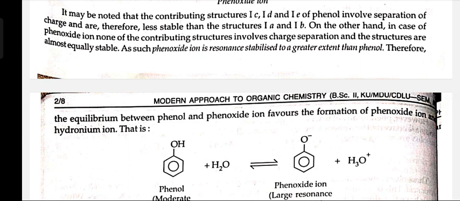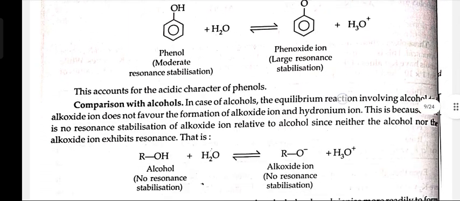It may be noted that the contributing structures 1C, 1D and 1E of phenol involve the separation of charge and are therefore less stable than the structures 1A and 1B. On the other hand, in the case of phenoxide ion, none of the contributing structures involve a charge separation and the structures are equally stable. As such, phenoxide ion is resonance stabilized to a greater extent than phenol. Therefore, the equilibrium between phenol and phenoxide favors the formation of phenoxide ion and the hydronium ion.